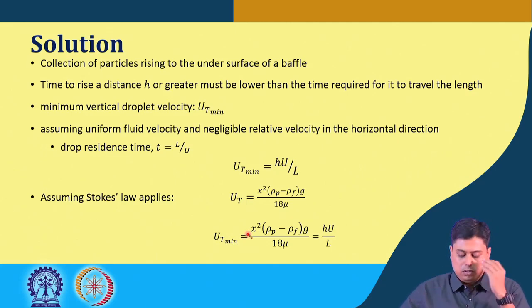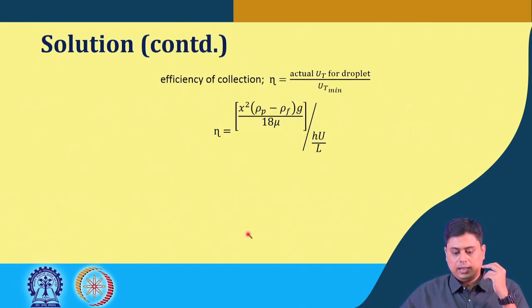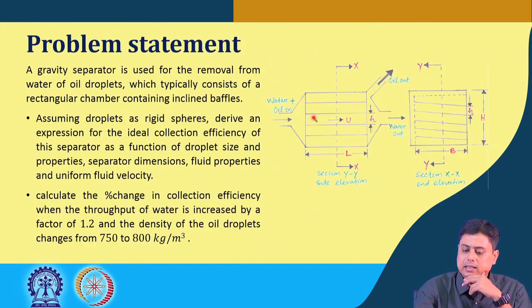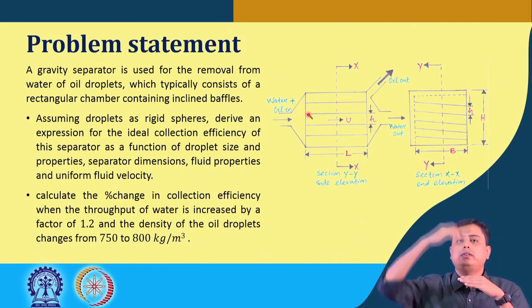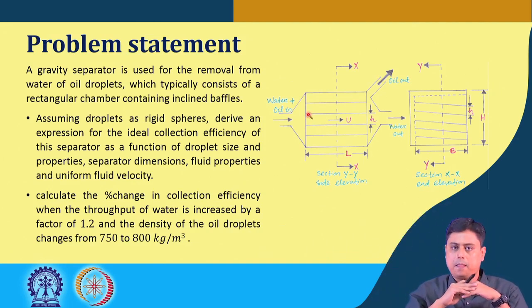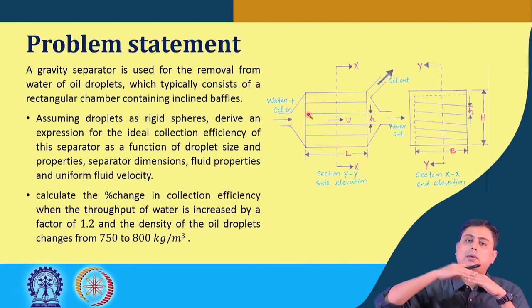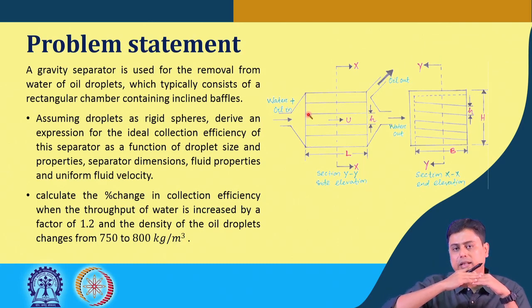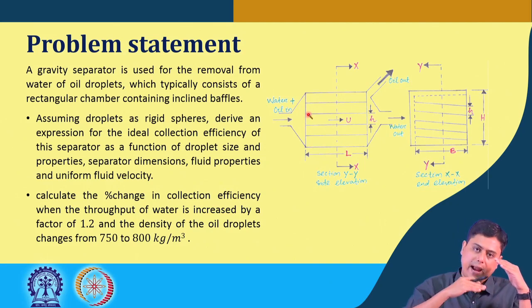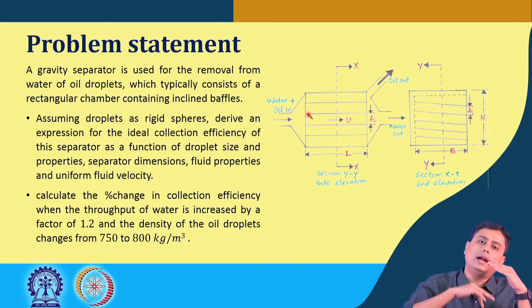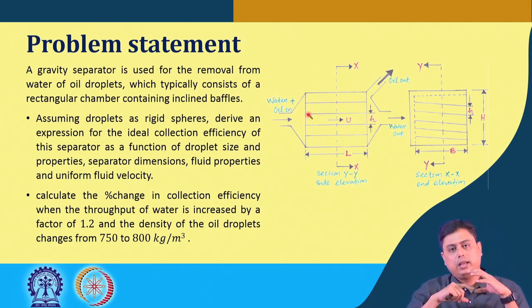Fine. So, now consider the scenario that some particles are nearer to the inner surface to which they will stick. Those particles, if they are very near to the under surface, will quickly come to that surface. Those at the base of the lower baffle will take a longer time, but depending on the diameter, that minimum velocity can be reduced.